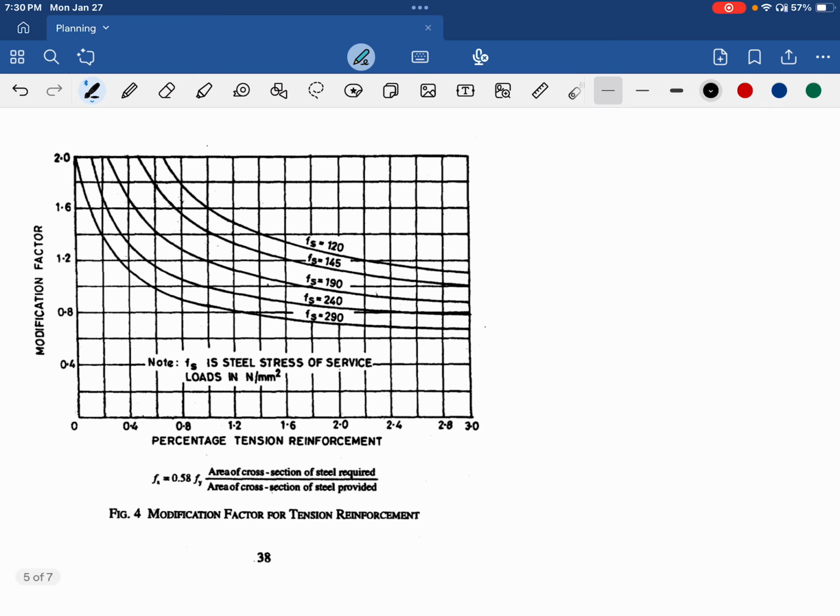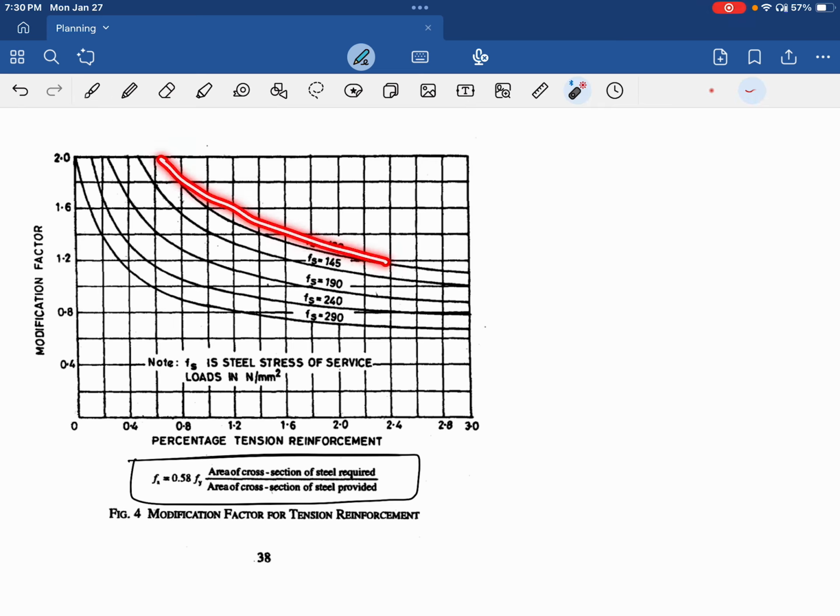One more thing you need to calculate is your Fs, the service stress of steel. Based on this, we need to select from these curves that are given here: 120, 145 Fs value. Let us first find out what our Fs value is in this case.